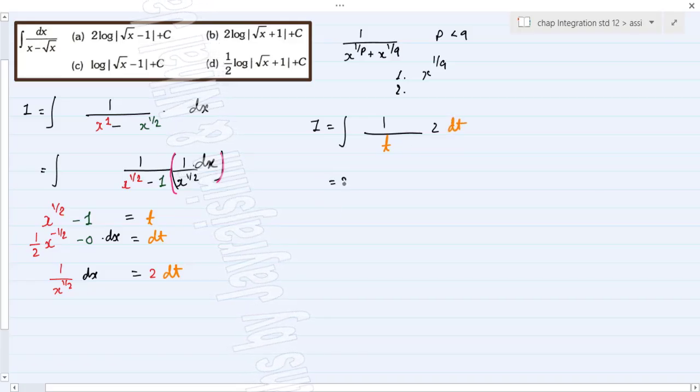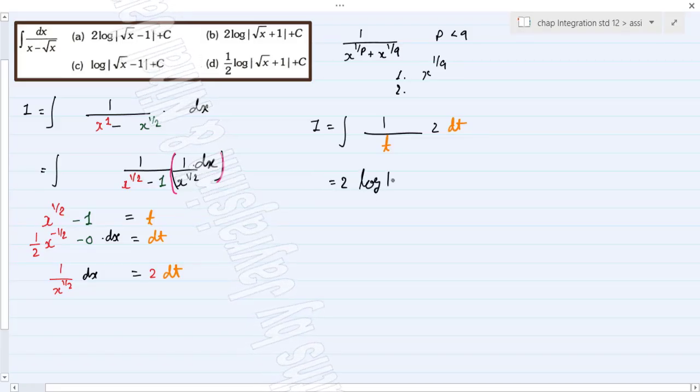So we don't have to worry about this 2. Just integrate 1 upon t, which will be log mod t plus c.